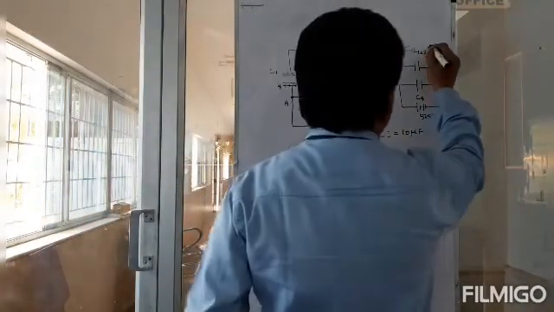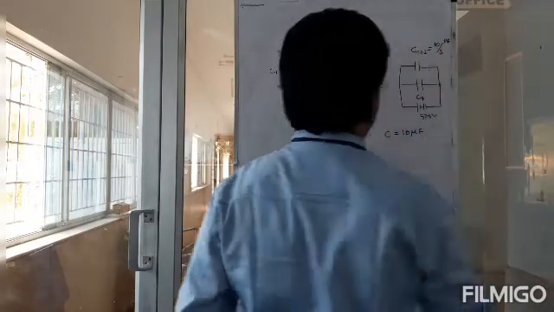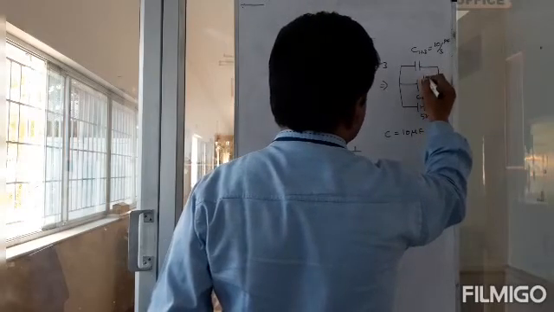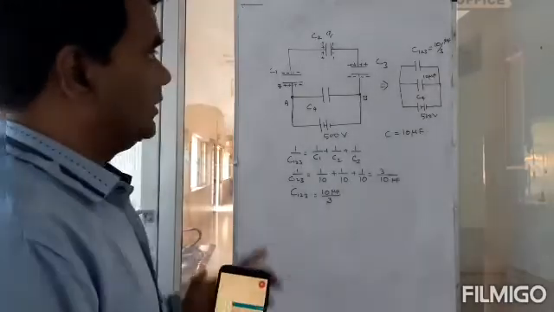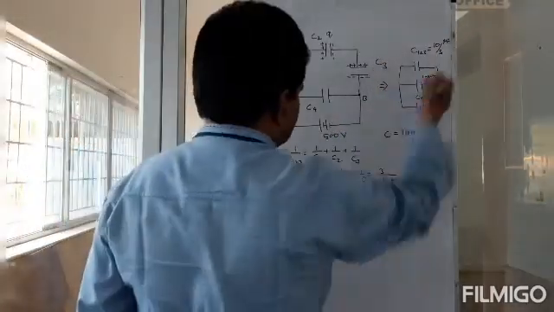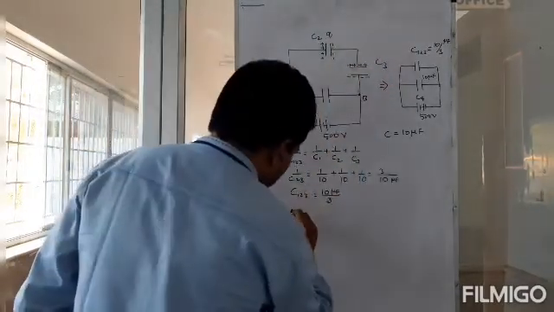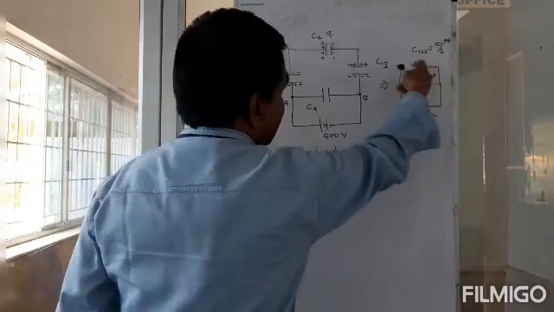So this is equal to 10 by 3 microfarad, and that is in parallel with 10 microfarad. Okay, so what is the effective capacitance? Effective capacitance C is equal to C123 plus C4, because they are connected in parallel.